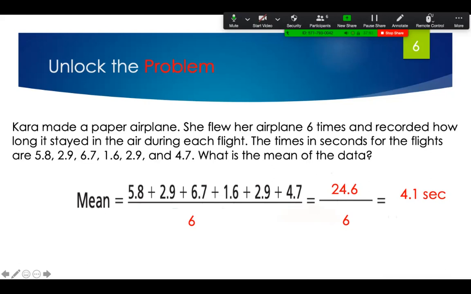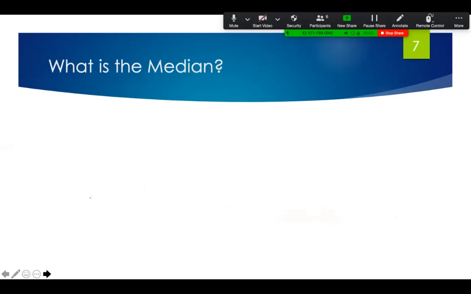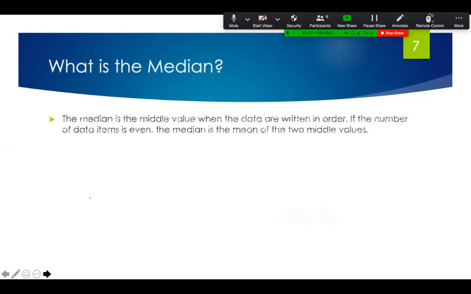You add up all the numbers, then we divide them by what? 6. What is 6? It is the number of items I have, or number of data items. Is it clear? So that's our final answer, 4.1.